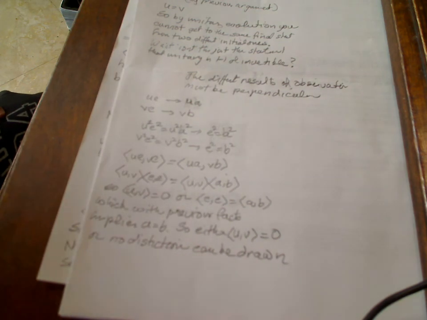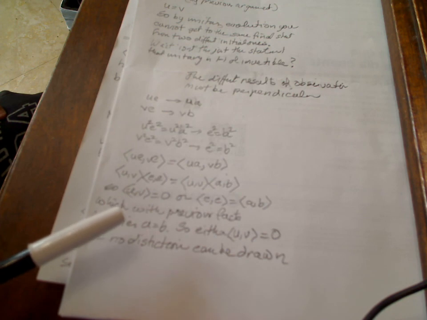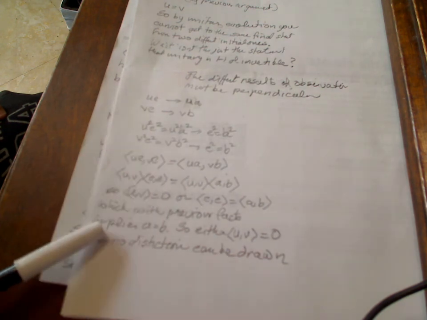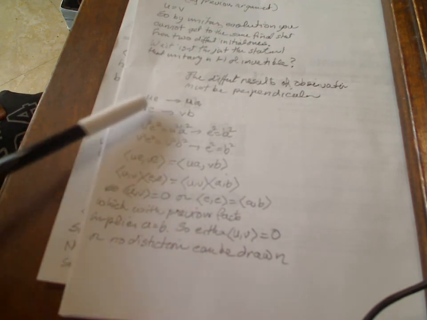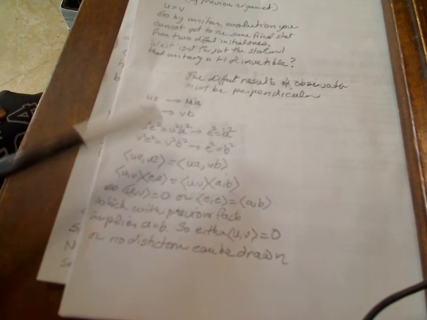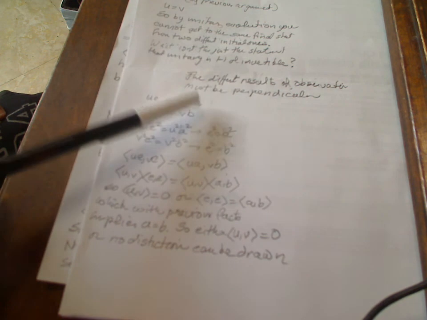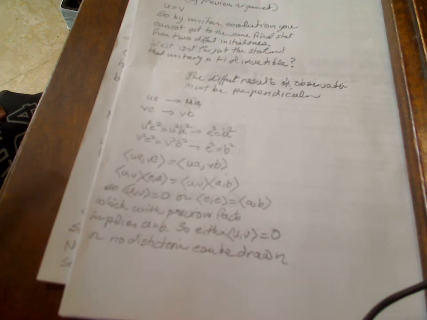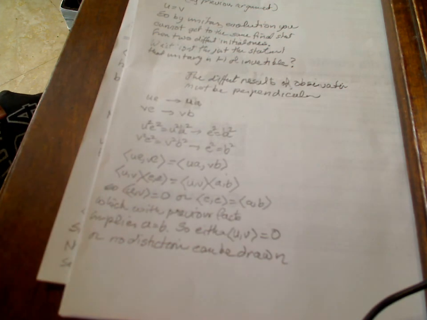But again, by the previous things that you should have already learned, if you understood the beginning half of the facts that I'm telling you here, you have that then A must be equal to B. So either u is perpendicular to v, or A is equal to B. So in other words, if there's even the tiniest difference in the instruments, if you can at all slightly distinguish between u and v, then automatically u and v are perpendicular. Okay?